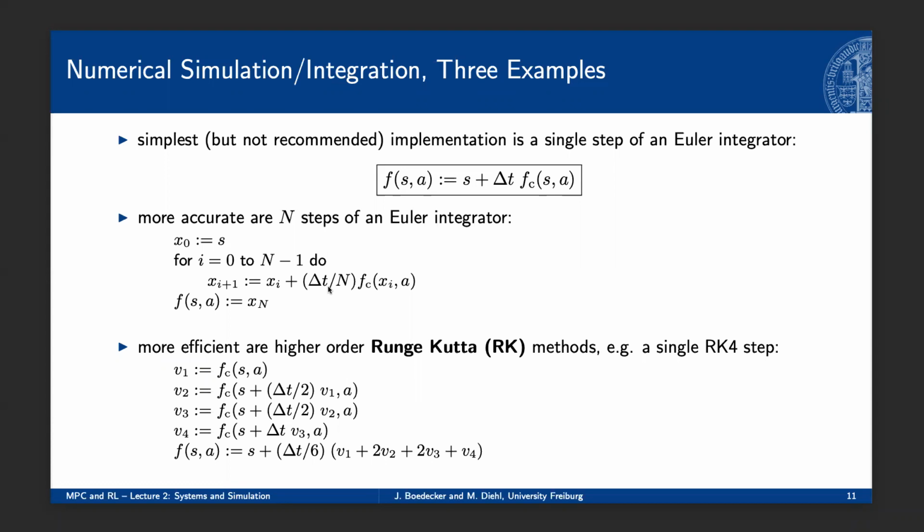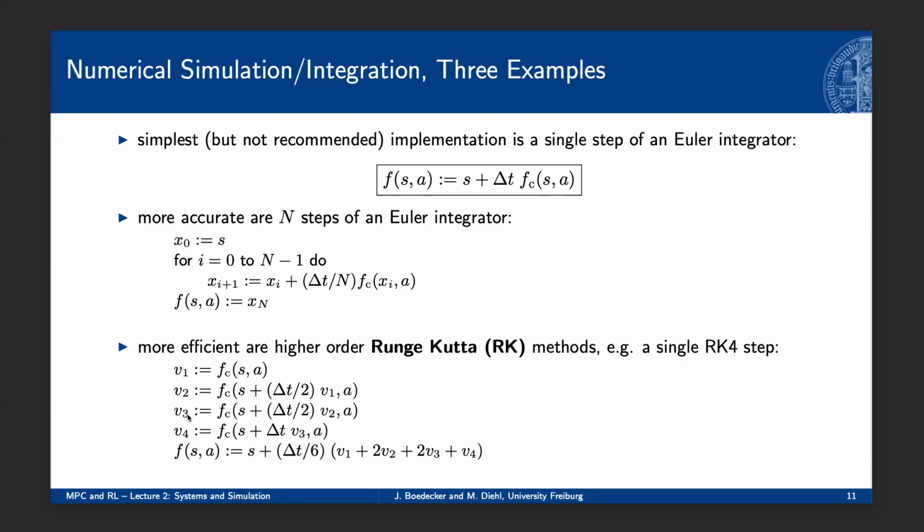And these are the higher order Runge-Kutta methods. For example, I give just one example. There is this Runge-Kutta 4 method that just takes the initial velocity. I call this V1, right? So the velocity at the initial point, I call it V1. Then I go half a time step into that direction and I evaluate my velocity at that point. I call it V2. I go another half step into this new direction, but starting from the initial point. So very funny thing, right?